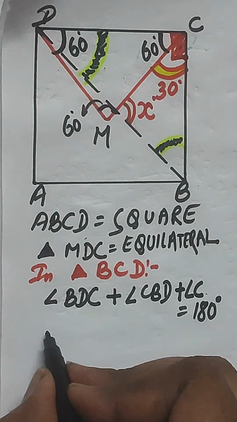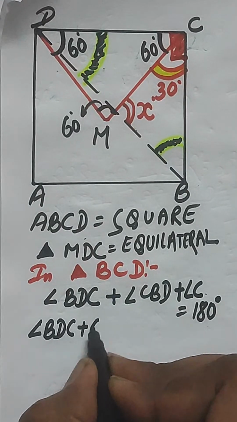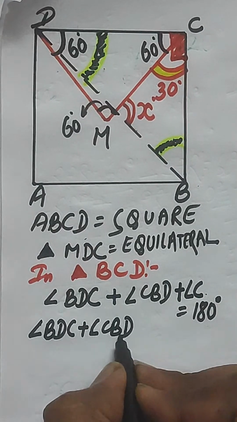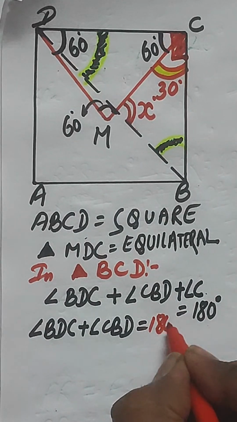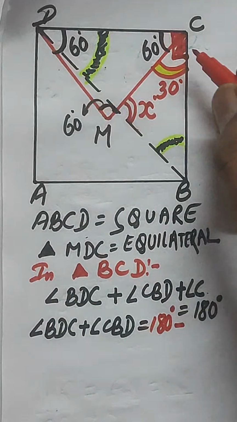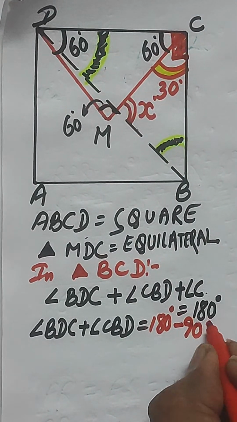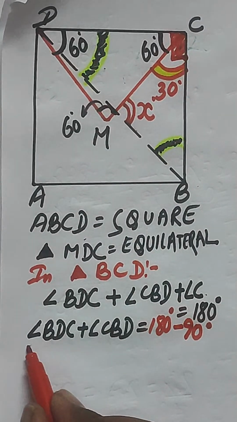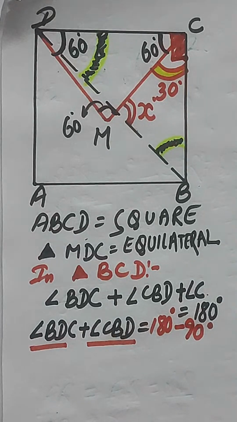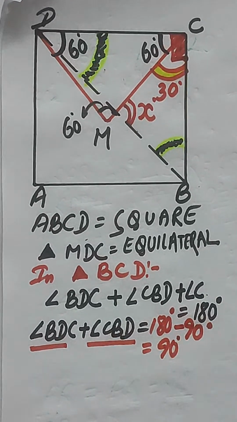So in this way we can see that angle BDC plus angle CBD will be equal to 180 degree minus angle C, and the value of angle C is given to you as 90 degree, because this is a square and you know it. So we can say that angle BDC and angle CBD will add up to give you a 90 degree value.